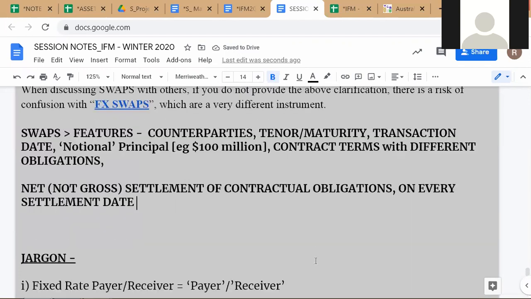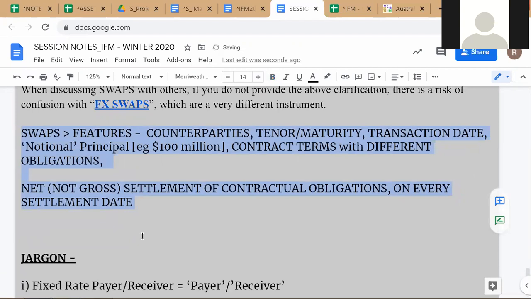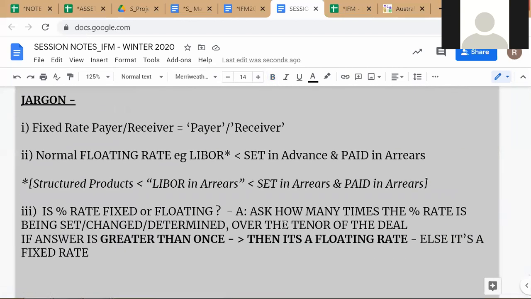On every settlement date there's a net settlement. So the number of settlement dates will be equal to the number of times the rate is being set, changed or determined.